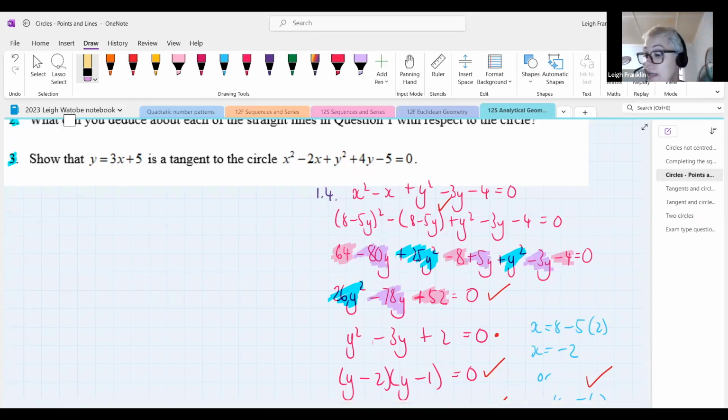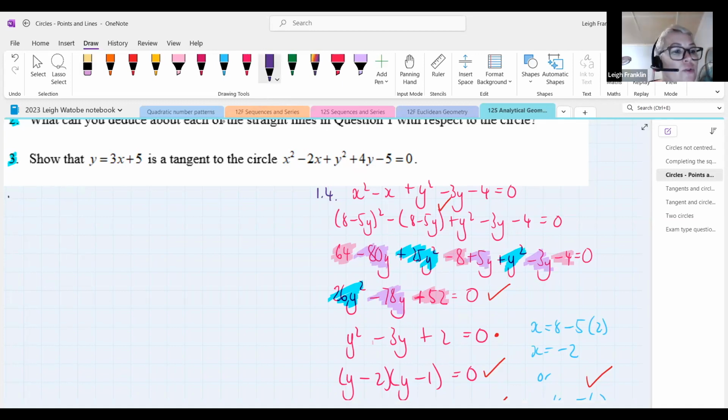So in this particular case, completing the square is not going to help you. If you are going to complete the square, they need to be asking you for the coordinates of the center or the length of the radius. That's when you want to go and complete the square. Here, it's just a simultaneous solution, and you've got to show that there's one point of intersection.